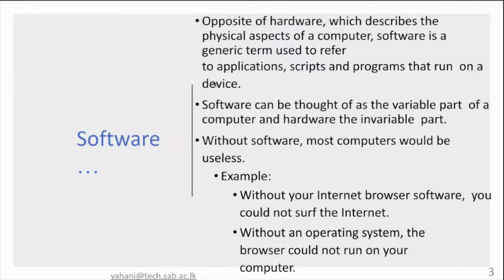Without the software, we cannot use any hardware components of the computer. So software is like a brain. Without a brain, we cannot do anything. Our parts are just parts. So the brain is the main component. Likewise, software is also a main component.